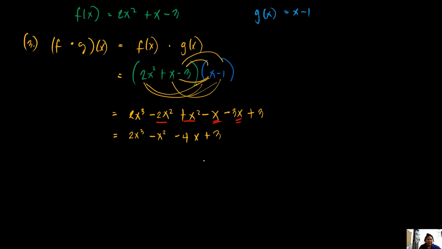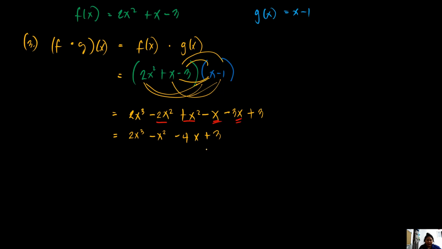Okay, since we're going to factor this one for us to simplify this, this is a polynomial, so we can use factoring by grouping. As you can see here, class, if we're going to group 2x cubed minus x squared, the common factor is x squared.